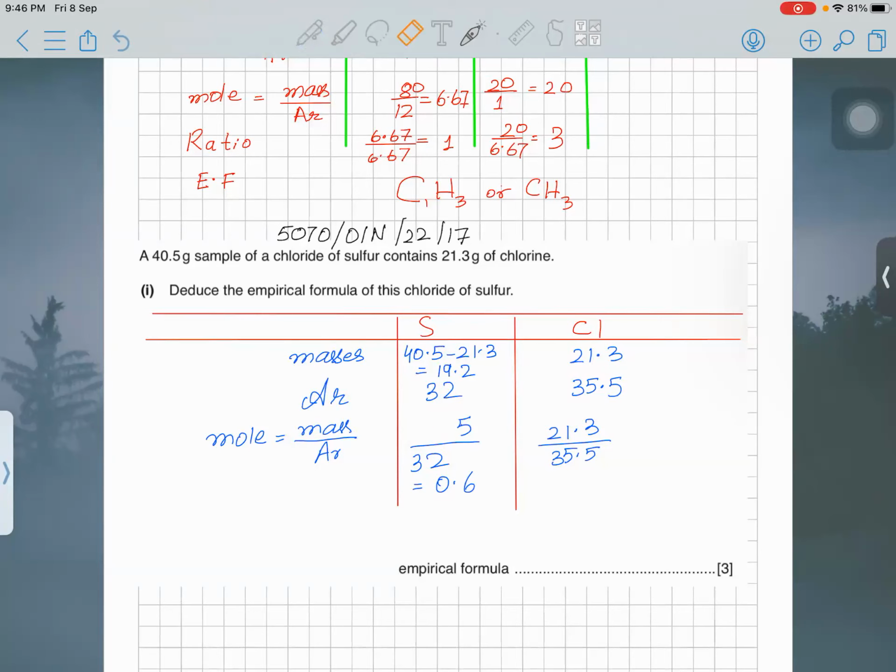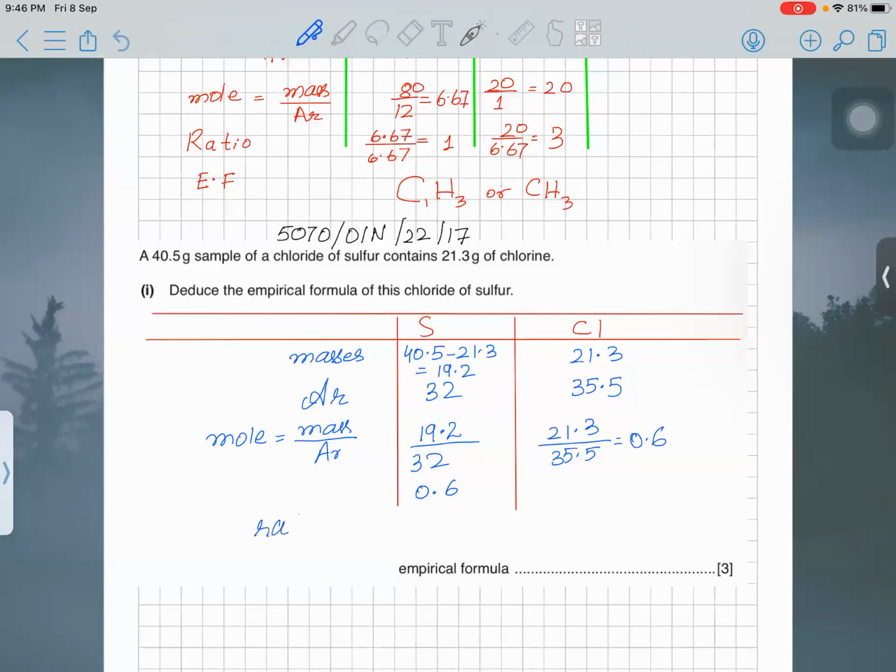So 19.2 divided by 32. Sir, 0.6. Exactly 0.6. Even for the other one I got 0.6. Yes, sir.